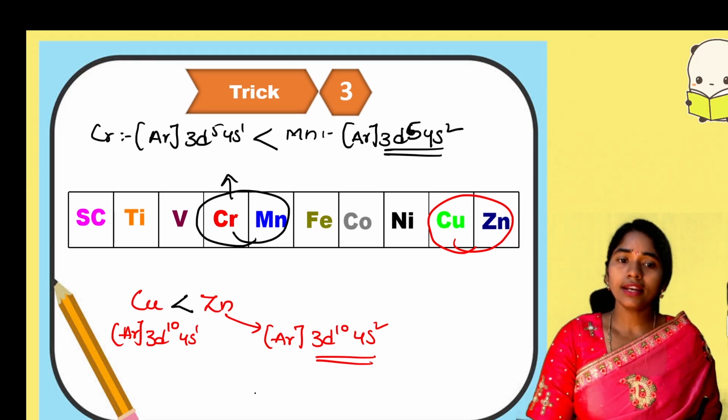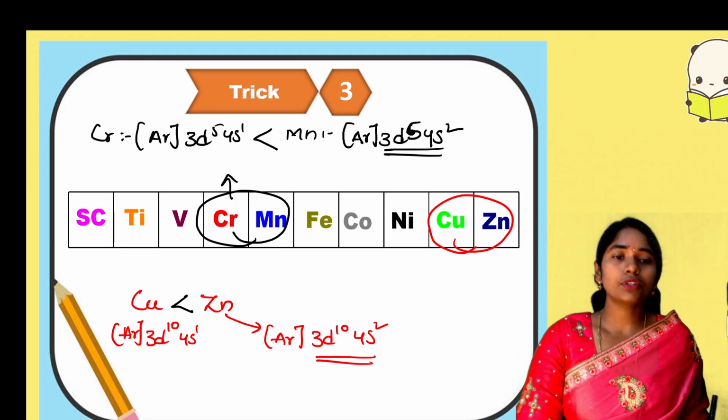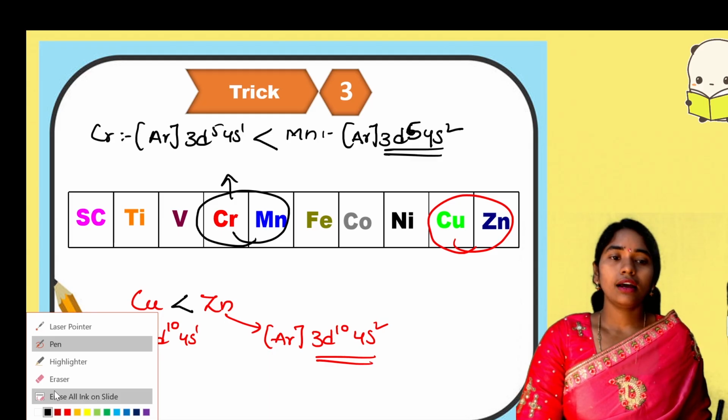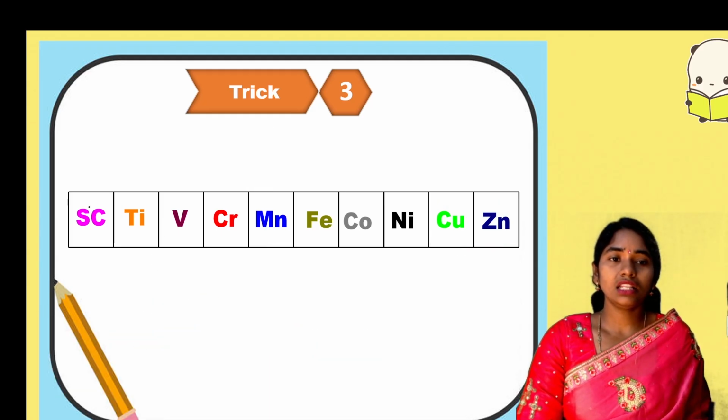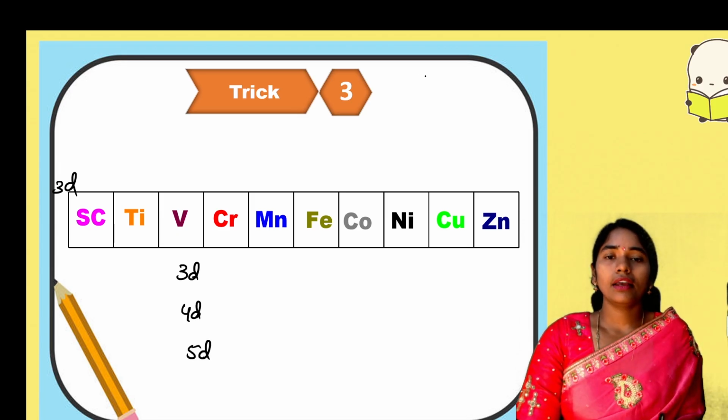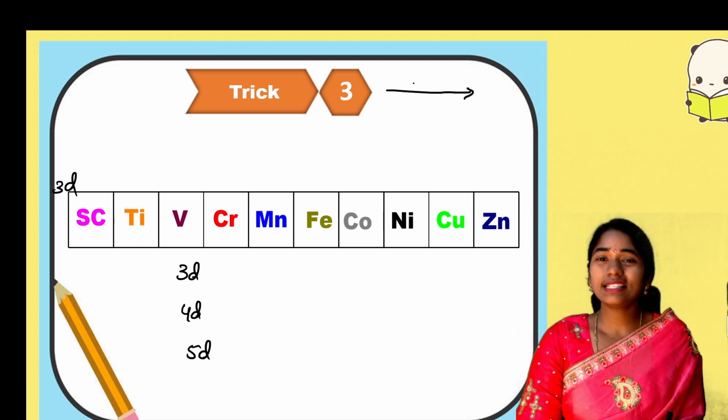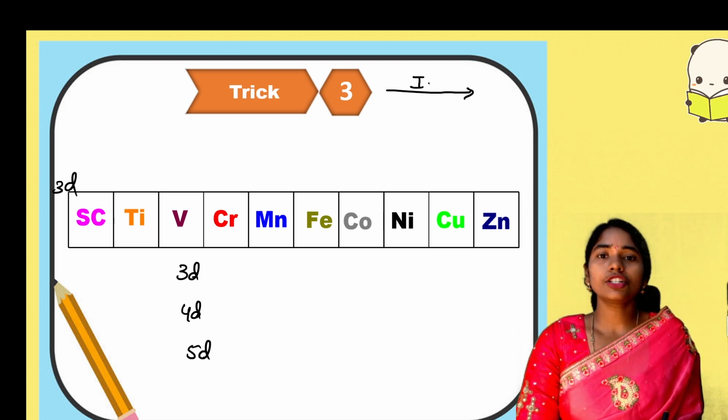Understand? Now if you observe 3d elements, this is a 3d element. Same way 4d, 5d. What happens? In a periodic table, usually left to right size decreases, so radius decreases and ionization energy increases.